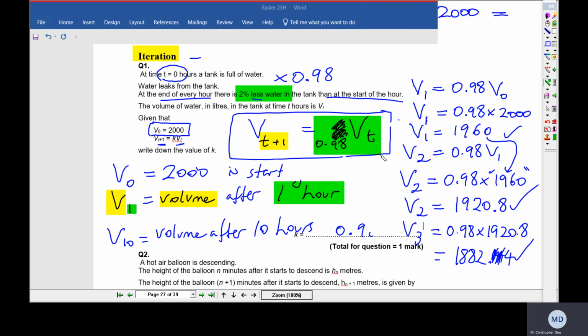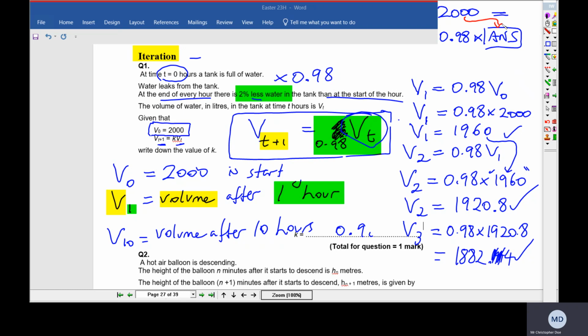Don't type in the left-hand bit. If you now type in 0.98 times this bit here, whatever the capital letter is, whether it's a V or an X, you type in Ans for that.